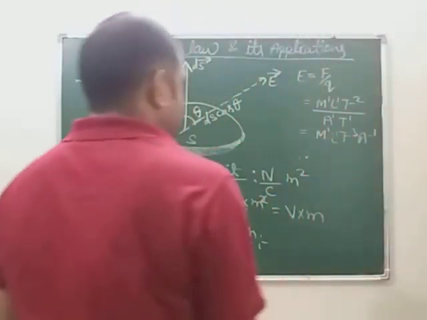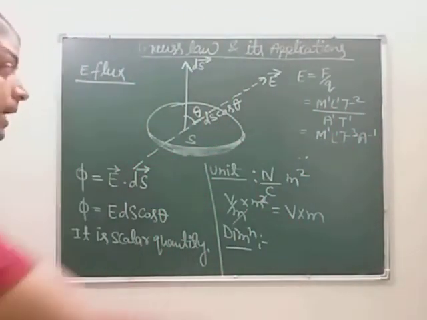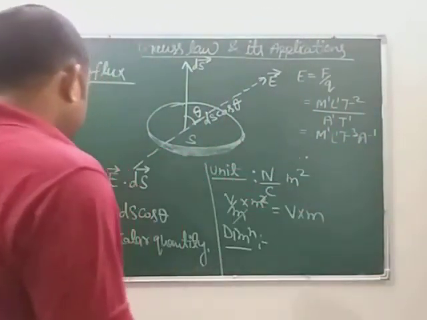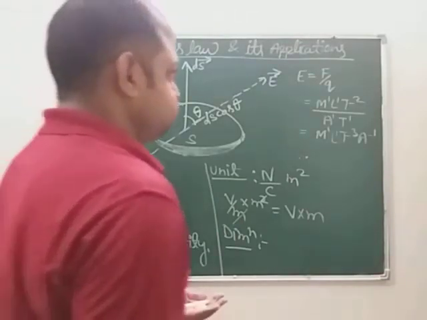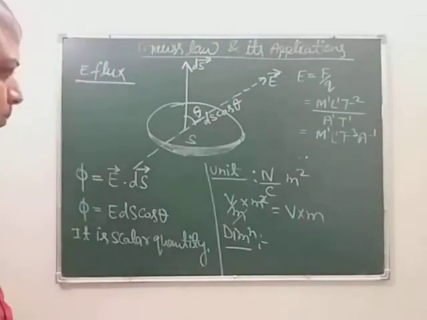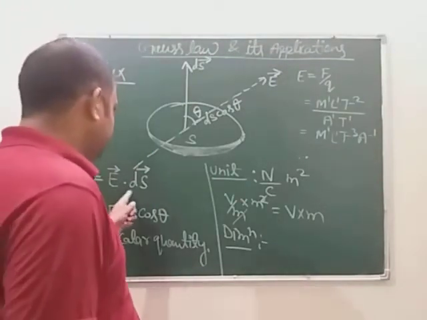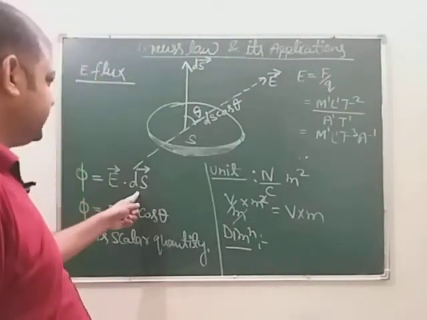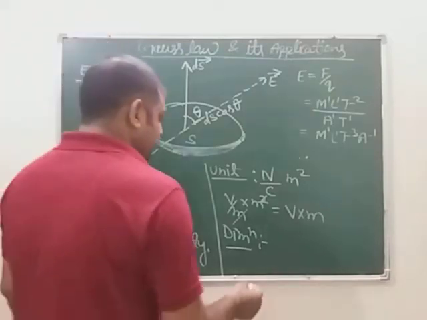We will put the value of E in this formula, and dS is meter square because it is area.